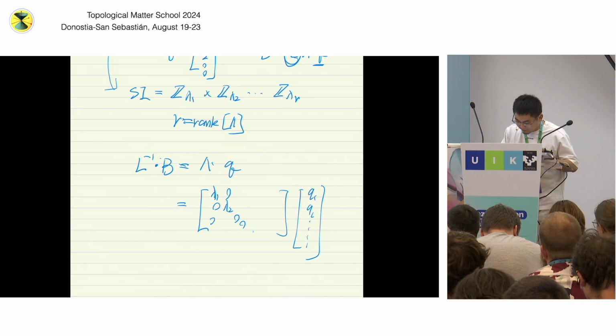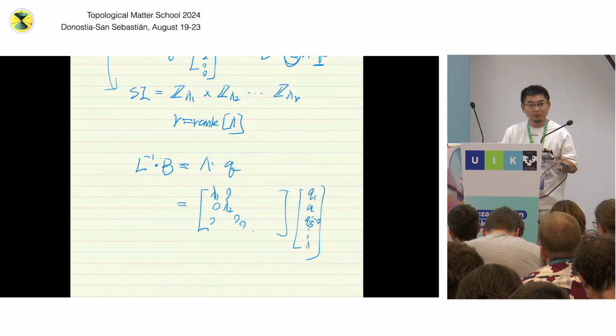So this means that we can always choose a solution where Q3, starting from Q3, all the elements are 0, because we know the solution exists, right?